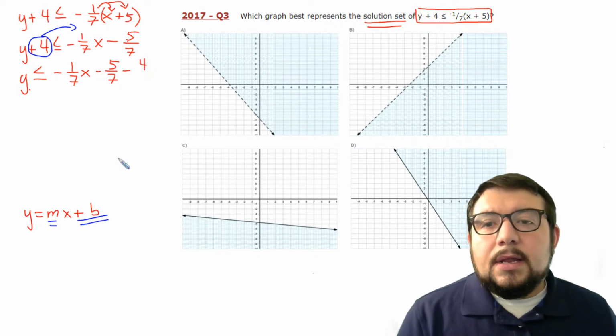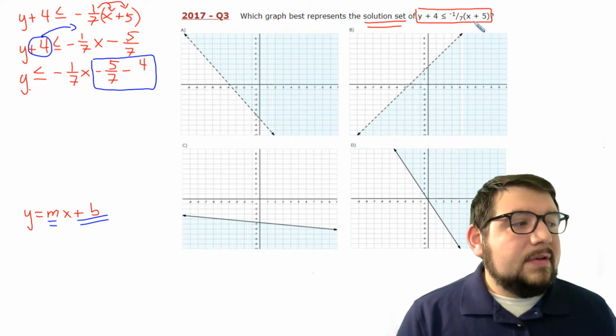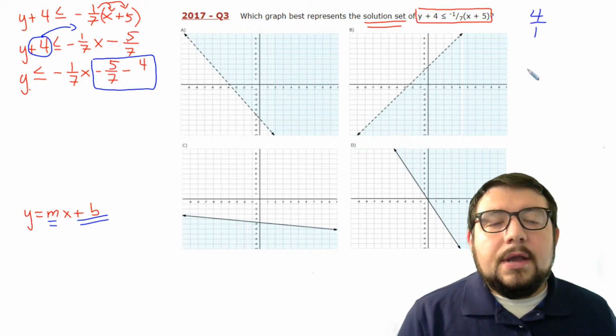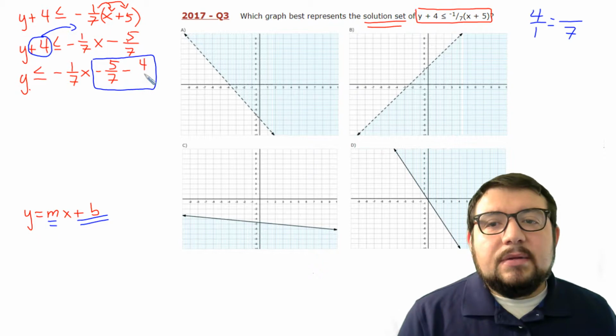Now here I can combine like terms, because these both have no x value attached to the term. So negative 5/7 minus 4. Okay, so what I'm going to do is change this 4 and give it an equivalent fraction. So I have 4/1, and I want it to be something over 7, because in order to add and subtract fractions, what I need is a 7 on the bottom.